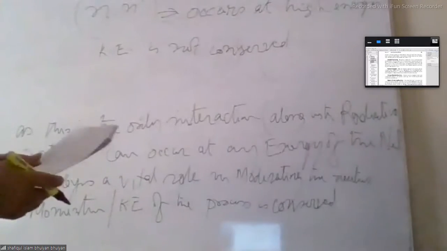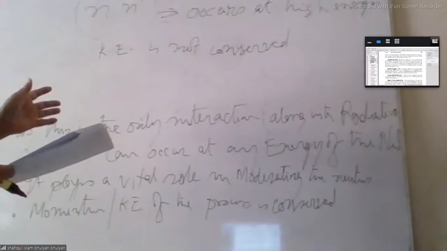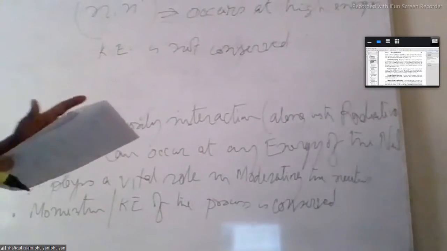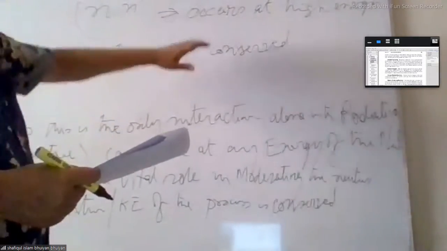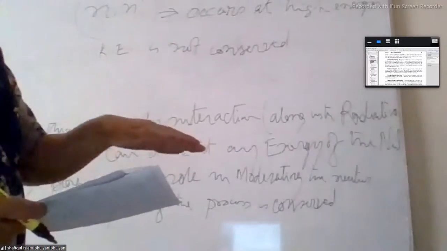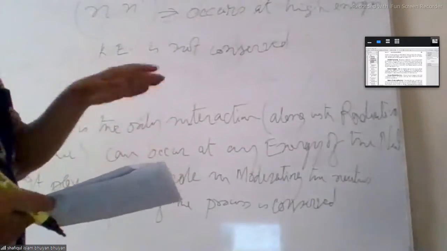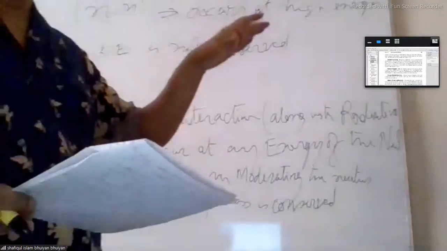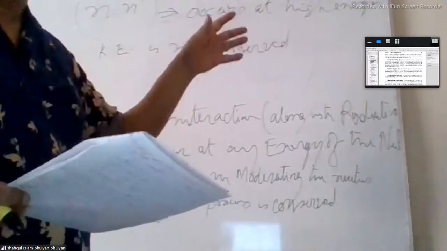So for the time being, this is enough to know just what is the difference between the elastic and inelastic scattering. Elastic scattering usually occurs at low energy with low Z elements, and inelastic scattering occurs at high energy, usually with high Z elements, let's say iron.